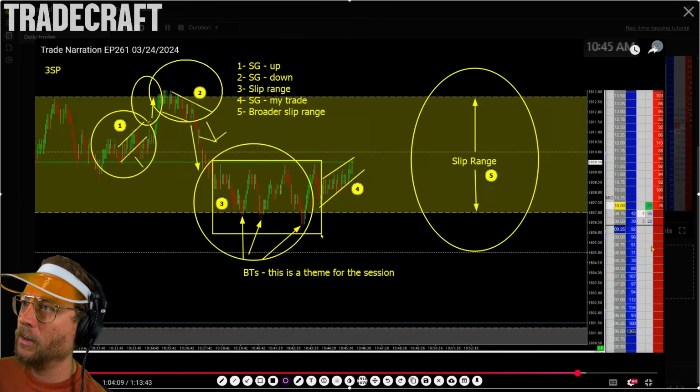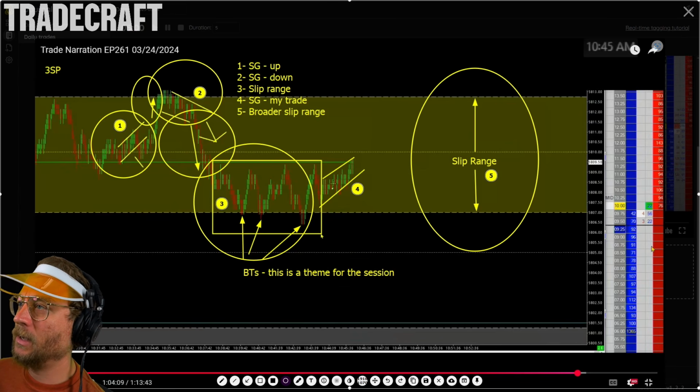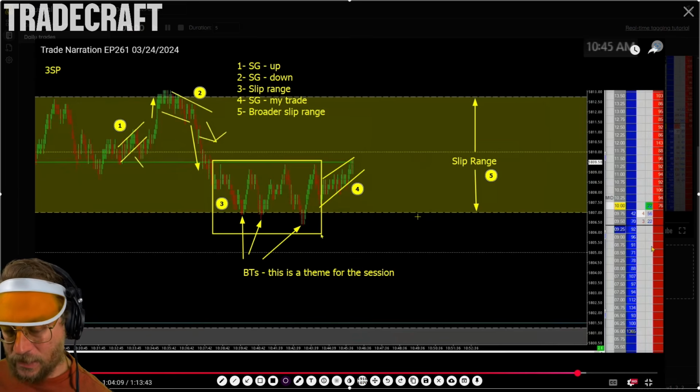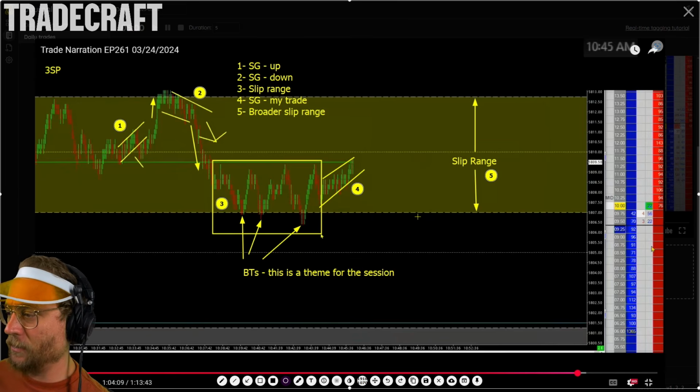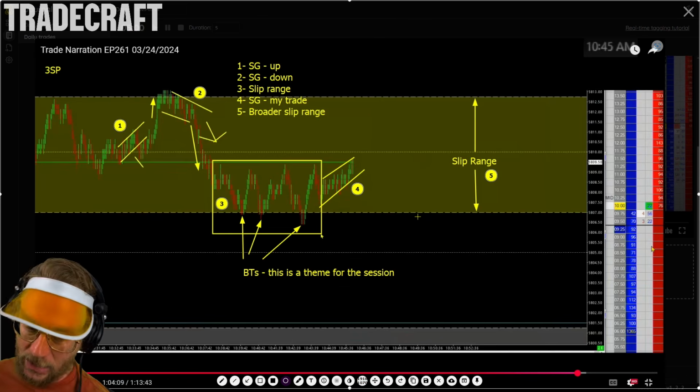Number 2, we have a struggle grind, and then it rips down. Number 3, slip range. And number 4, it starts to struggle grind, and I go long in this section. So why am I doing this? Well, I'm still going to be long biased overall, as long as the micro price action is supporting it.